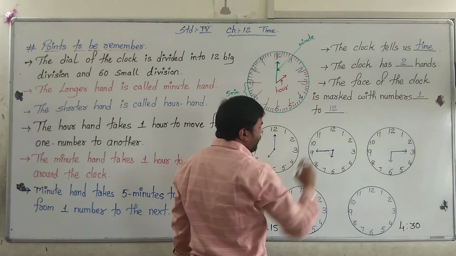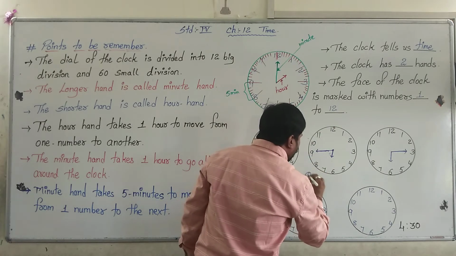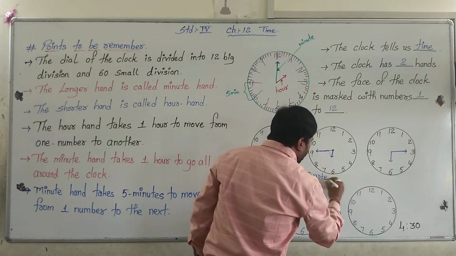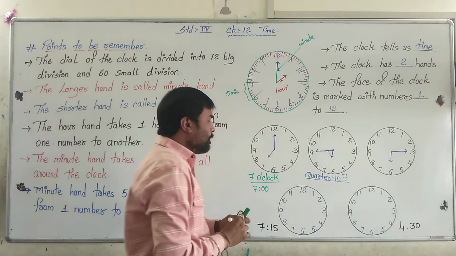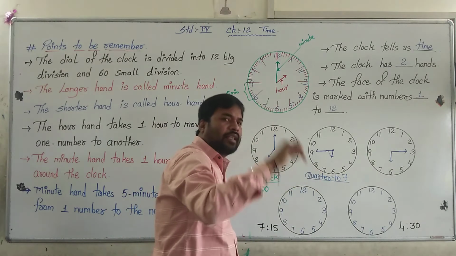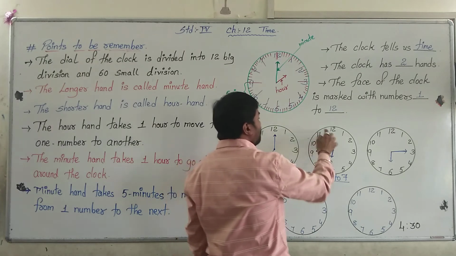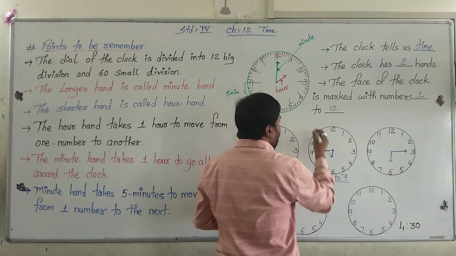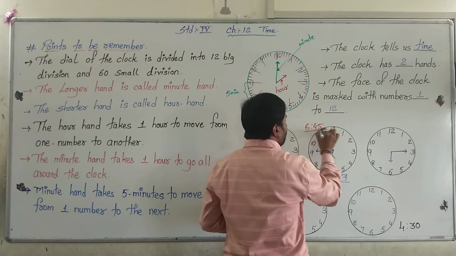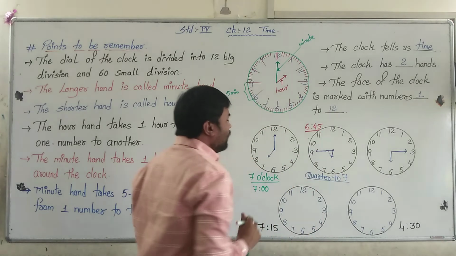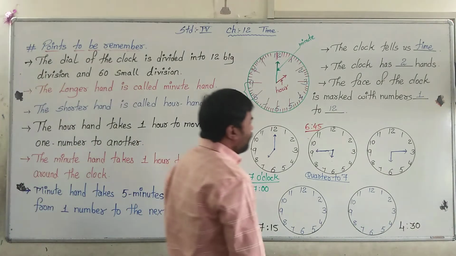But if I go with the clock and if I want to write the timing, then it will be quarter to 7. એનો મીનિંગ શું કે 7 વાગવામાં 15 મિનિટ બાકી છે. Still 15 minutes are remaining, and this can be identified in figures as 6:45. સમજ પડે છે? 45 ક્યાંથી આવ્યું?